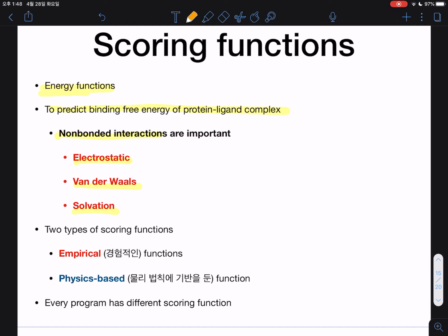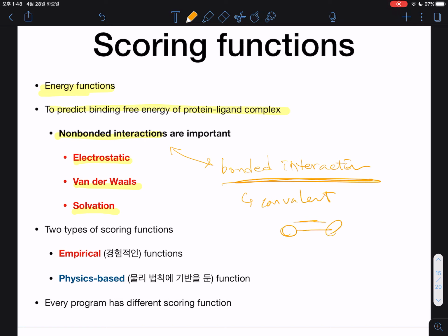In other words, the opposite must be a bonded interaction, right? And bonded interaction means covalently bonded, so the bond length and bond angle energies, or dihedral angle, something like that.